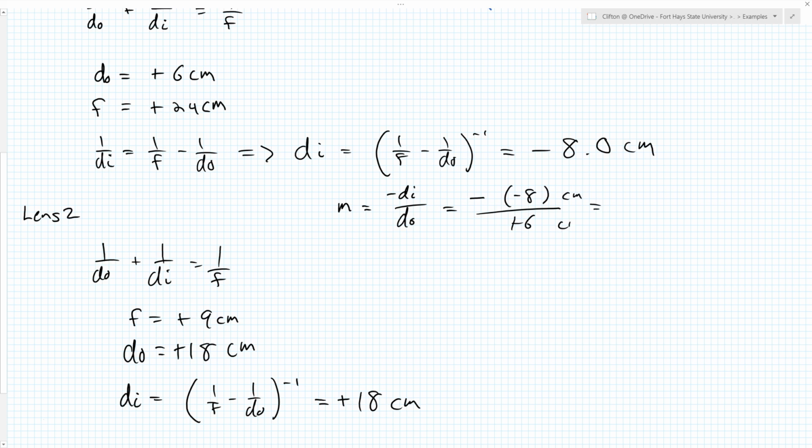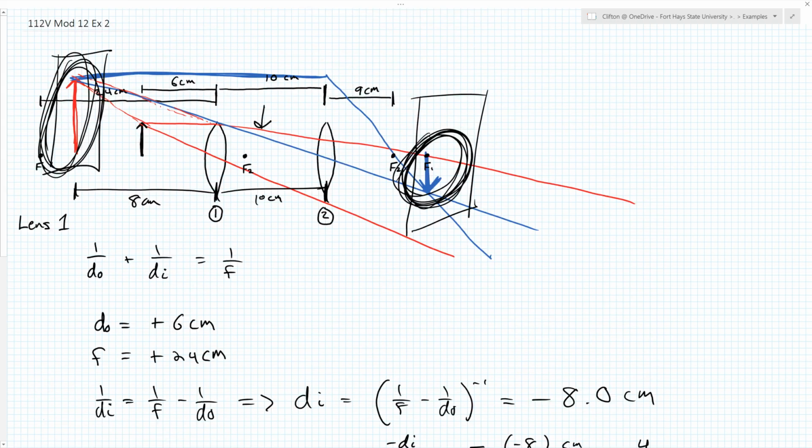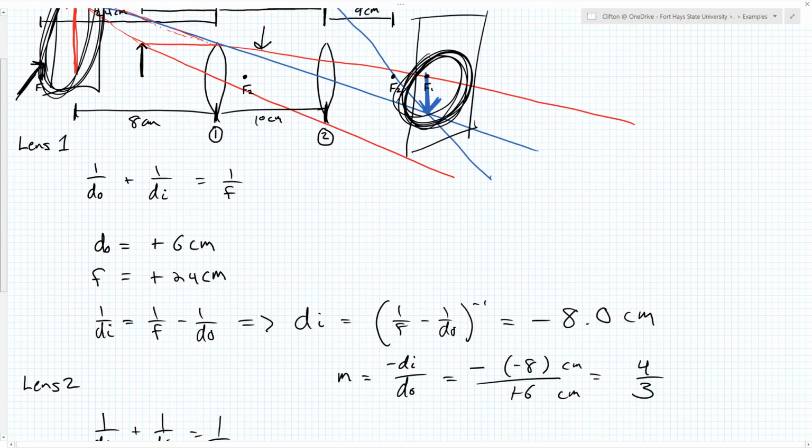So I could cancel the centimeters here, which is going to give me 4/3. That plus sign on the magnification means that the image is not inverted. And that's exactly what we saw, right? This image is not inverted, and it's also bigger than the object. So we see that the magnification is plus 4/3, which means the image is larger than the object, and it is not inverted.